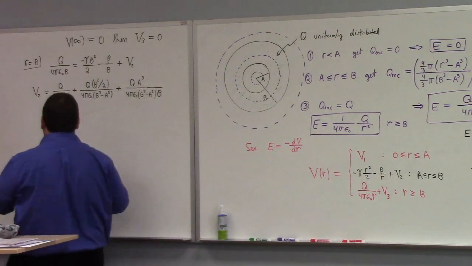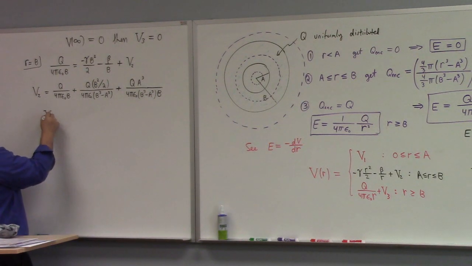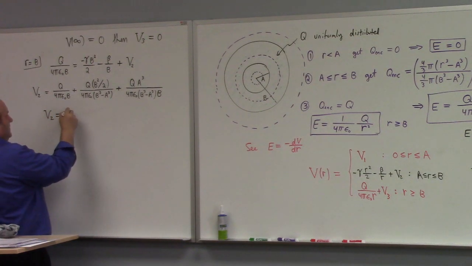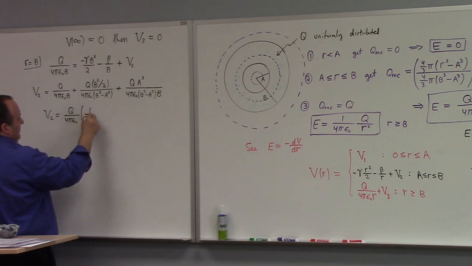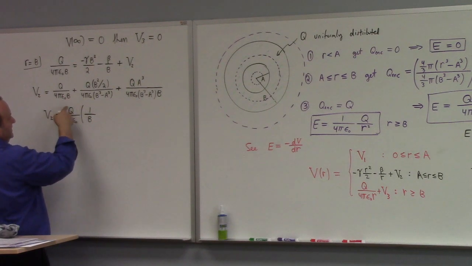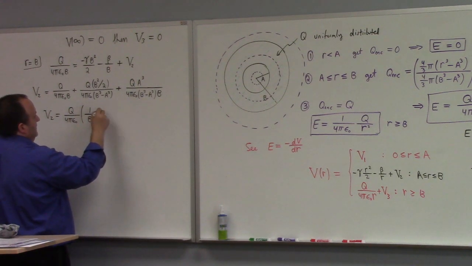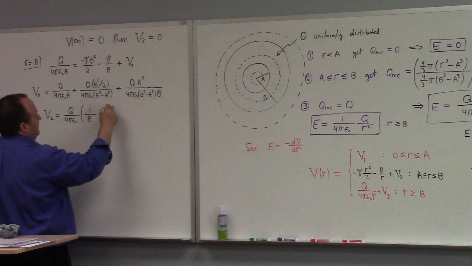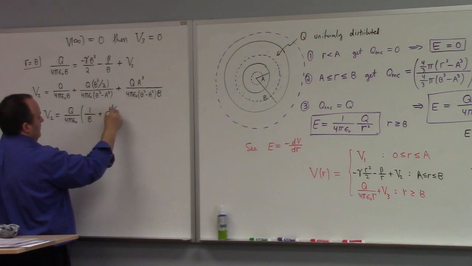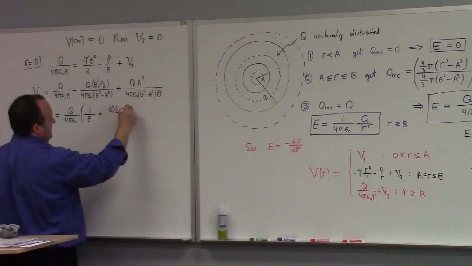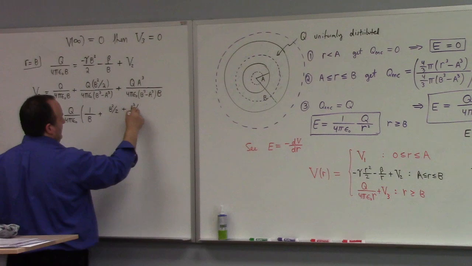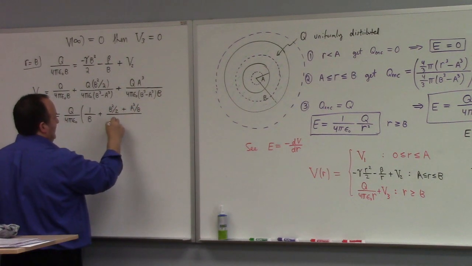Now I think we can clean this up a bit. So V2 should be equal to, we'll factor out a Q over 4 pi epsilon naught since we can, and then we have 1 over B from this, plus B squared over 2, plus A cubed over B divided by B cubed minus A cubed.